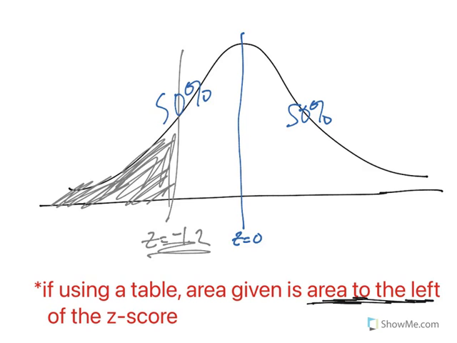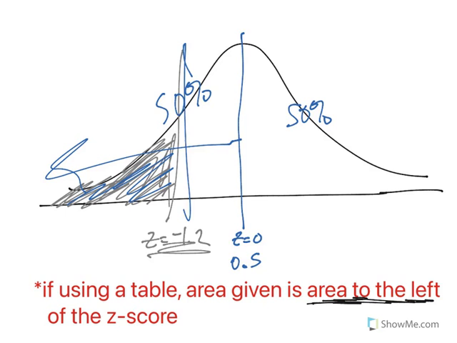A z-score of 0 has an area of 0.5 because half falls to the left of that z-score.